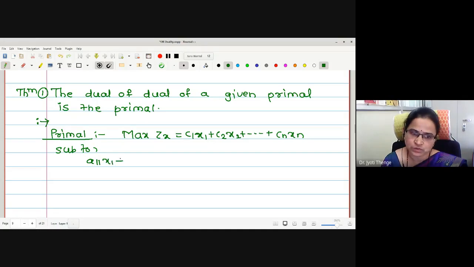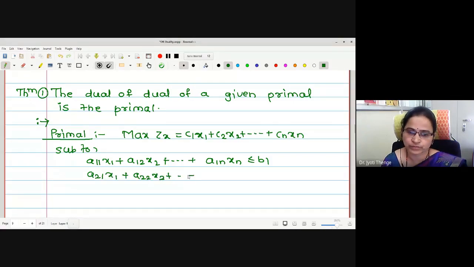a11 x1 + a12 x2 + ... + a1n xn less than or equal to b1. Let me write one more: a21 x1 + a22 x2 + ... + a2n xn less than or equal to b2.